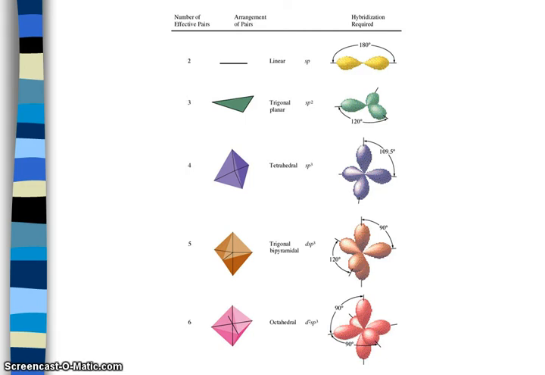If we have 4 effective pairs, we're going to have sp3 hybridization, which will give us a tetrahedral arrangement. If we've got 5 effective pairs, we'll have dsp3 hybridization, which will give us a trigonal bipyramidal electron geometry. And if we have 6 effective pairs around the central atom, we will need d2sp3 hybridization, which would give us that octahedral arrangement.